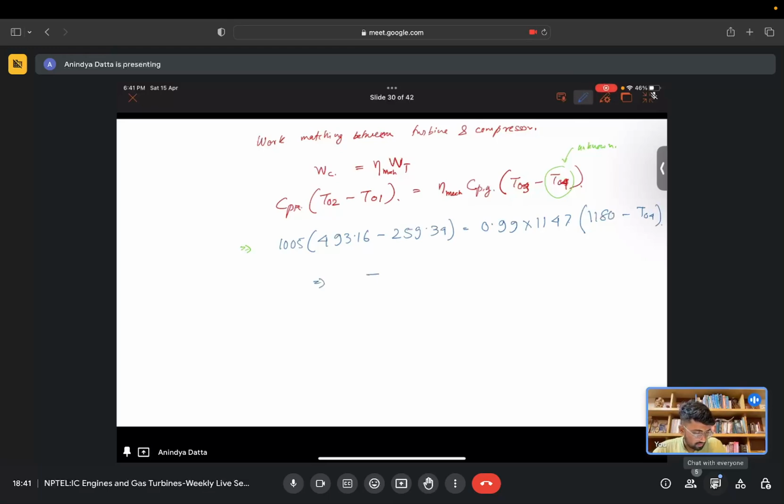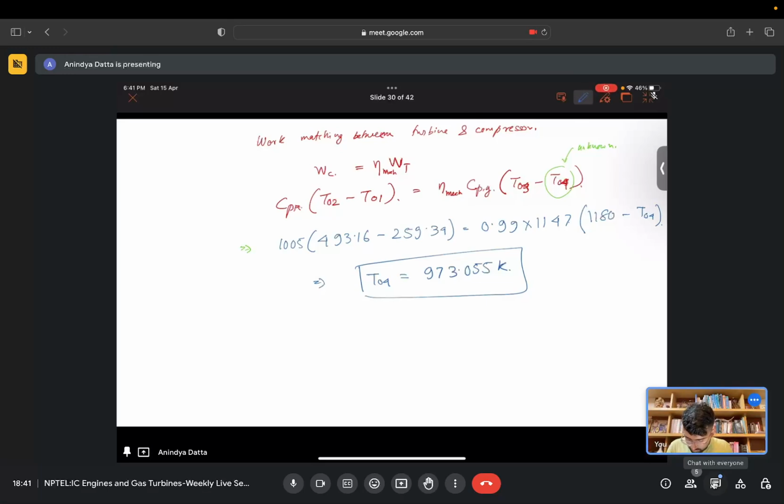So if we solve this, we will get T04 as 973.055 Kelvin.